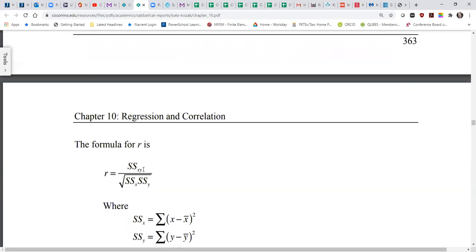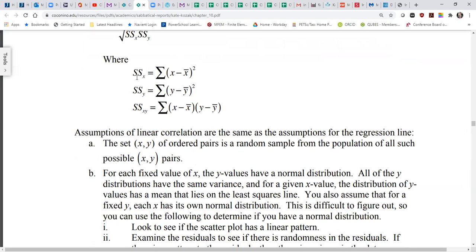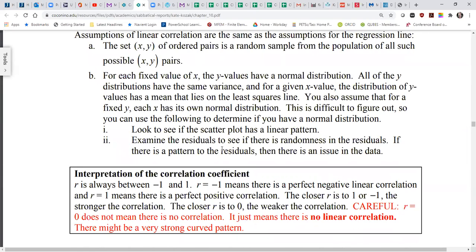Okay, so this is the formula: R equals SSXY divided by the square root of SSX times SSY. But this is if you want to do it manually, and using Excel is easier.